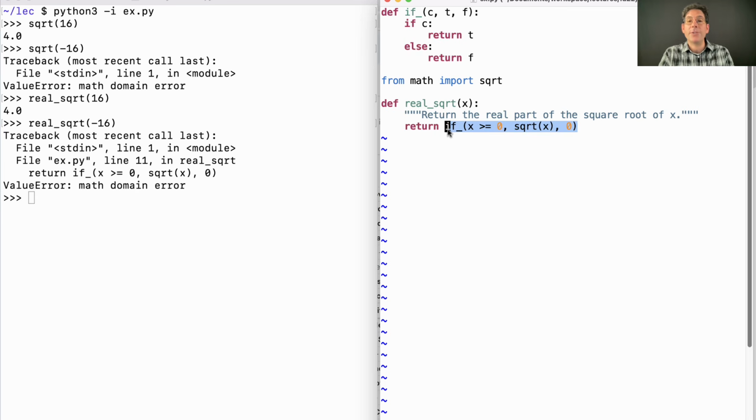Call expressions don't allow you to skip evaluating parts of the call expression. Instead, all the parts are always evaluated before the function is called. And that's different from control statements, which actually pick which parts of the statement are executed and which parts are skipped. And that's why they exist in a programming language instead of just having functions.